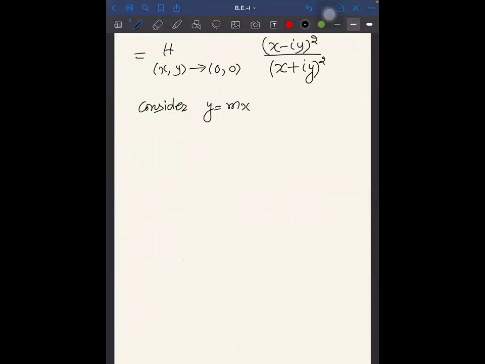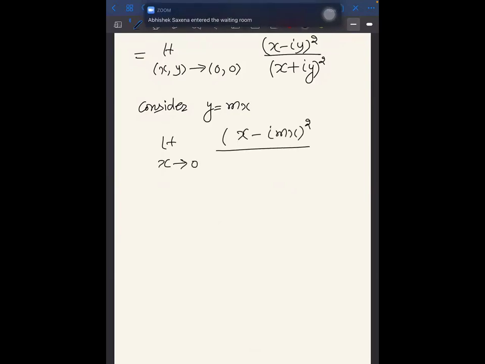Okay, fair enough. So now let's say y is equal to mx. So we write it as the limit as x goes to 0, and we replace y with mx.